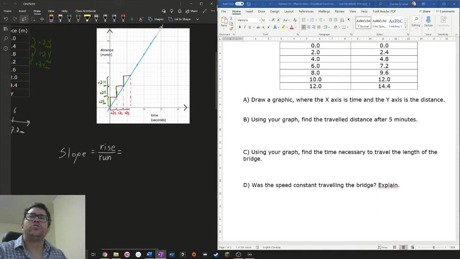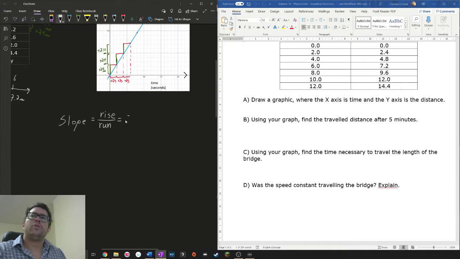By how much did I rise for that amount of run? So for example here, we rose from the first point to the second point. We rose how much in the y-axis? It's the rise. We rose plus 2.4 meters.